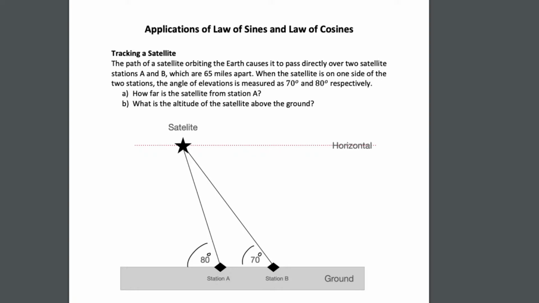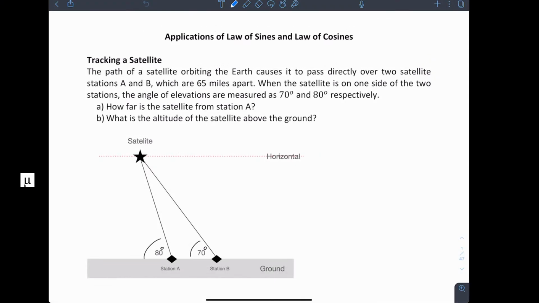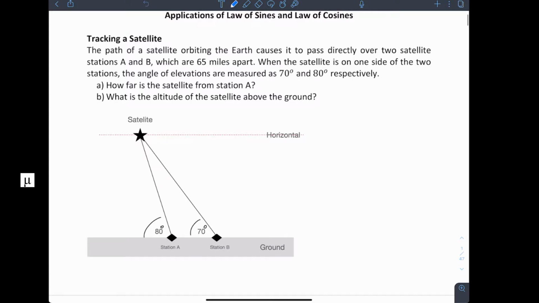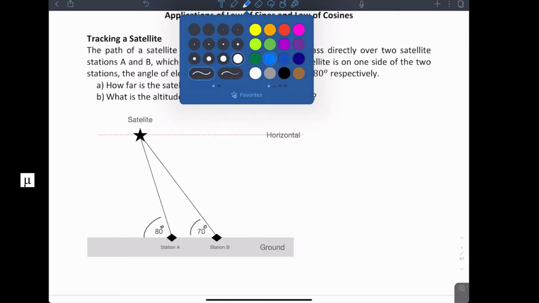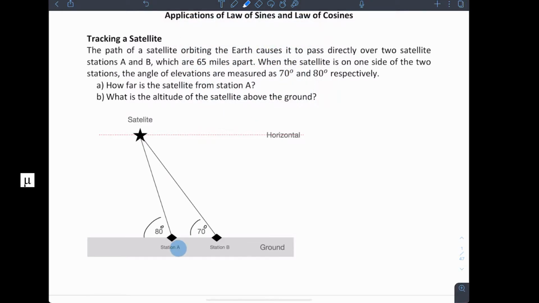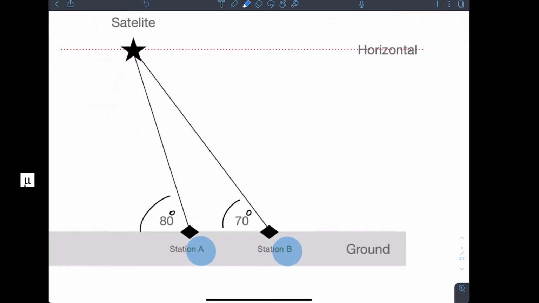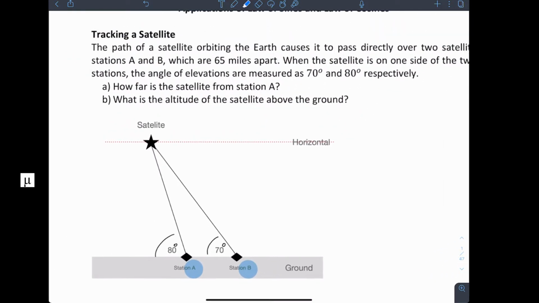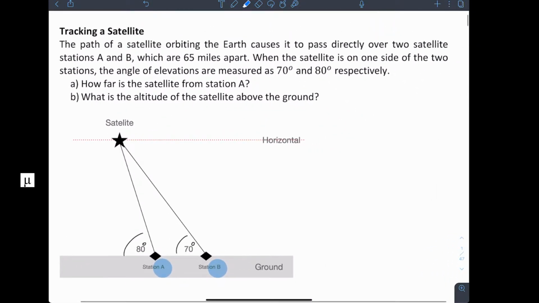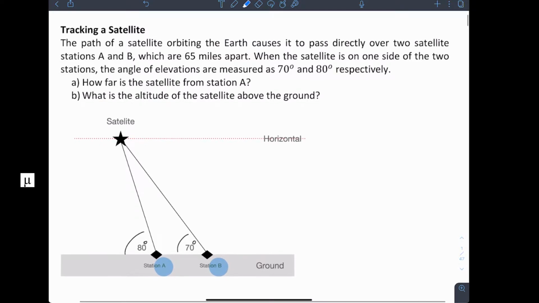A path of a satellite orbiting the Earth causes it to pass directly over two satellite stations called A and B. Now, if I go to my version, here's your A and here's your B. The path orbiting the Earth causes it to pass directly over both of them.